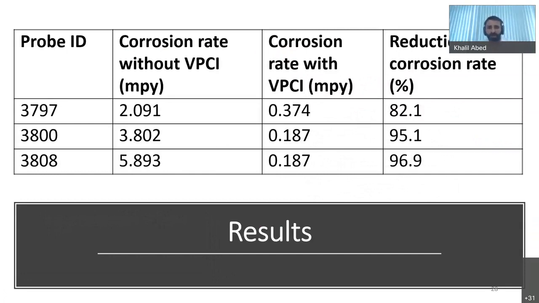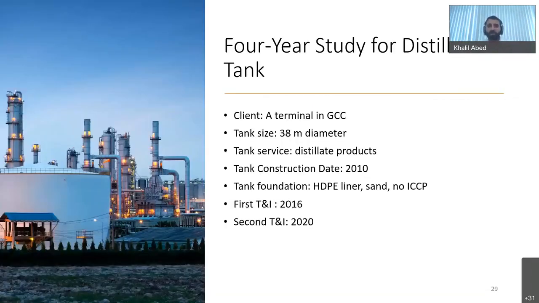You have 3 probes that showed a percentage reduction of an average of 90% on the corrosion rate measured by the probes before and after the injection. So the first 2 case studies showed the performance of the vapor phase corrosion inhibitor based on corrosion monitoring probes. In the next 2 case studies, I will share with you results based on tank floor scan data.